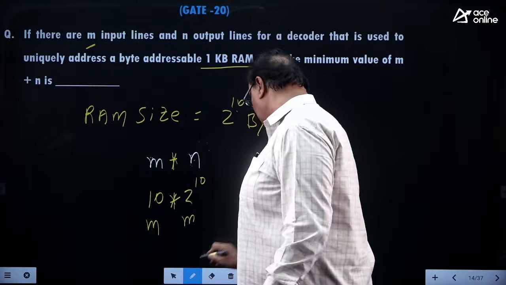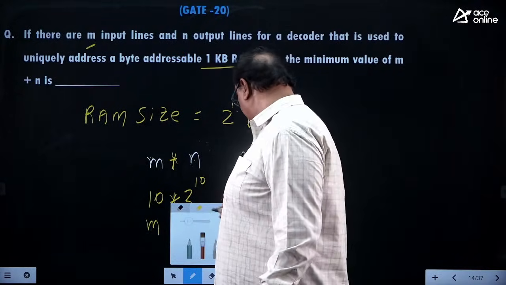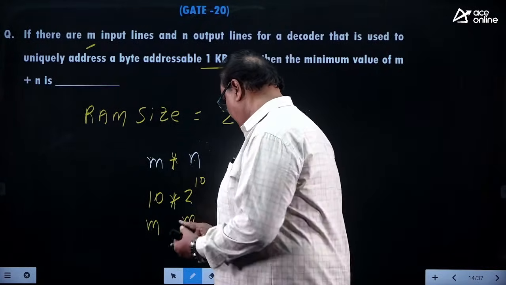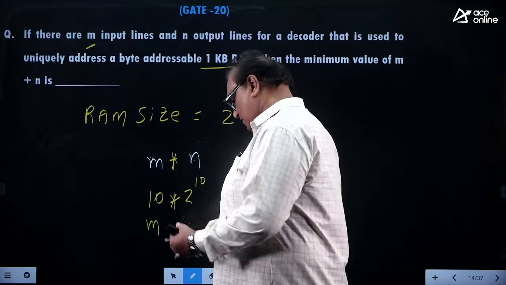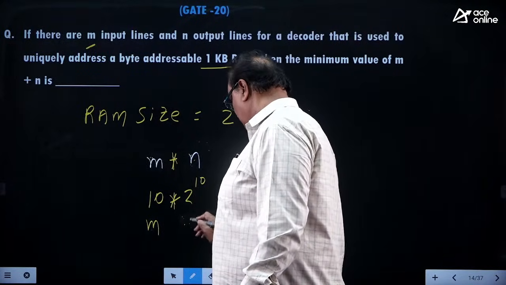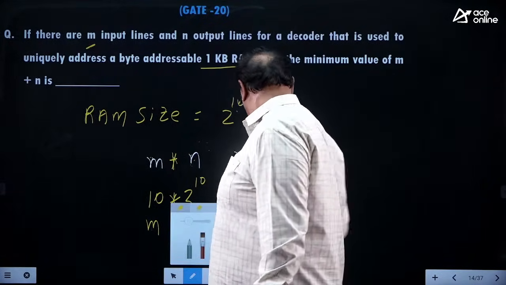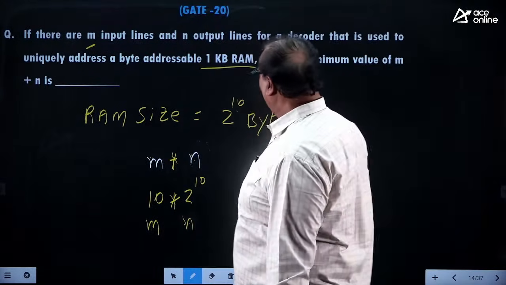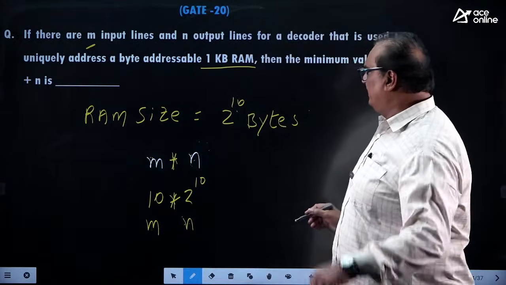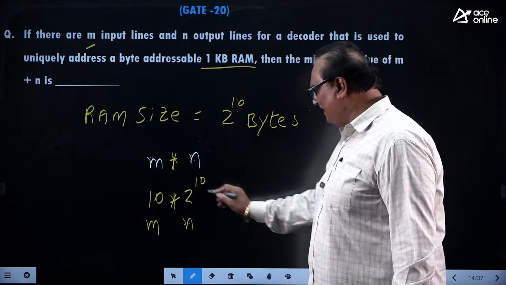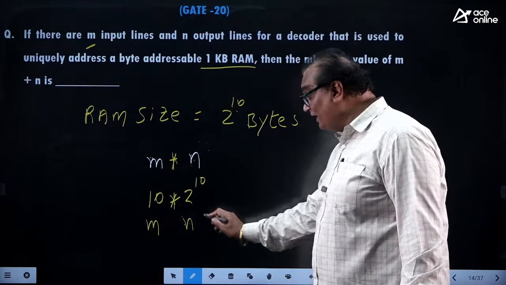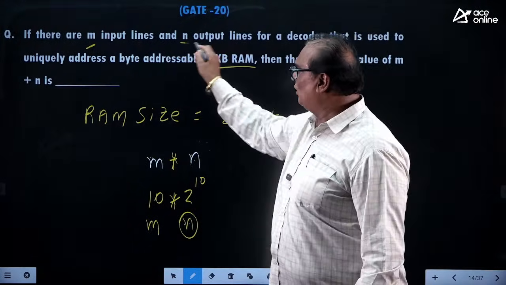The number of outputs needed for the decoder must be equal to the number of words present in the memory, so the N value is 2 power 10, according to the information given in the question, N outputs.